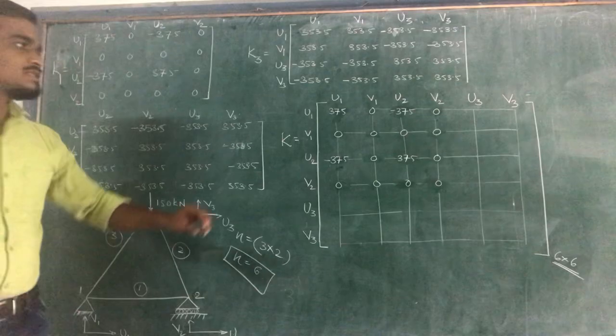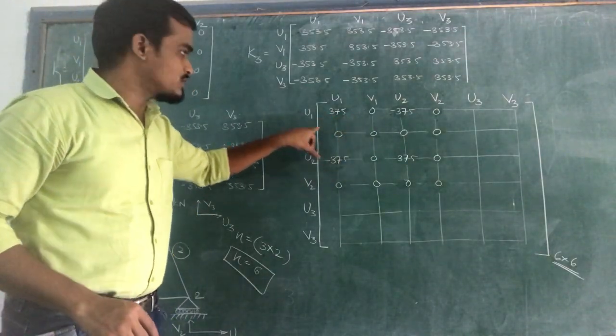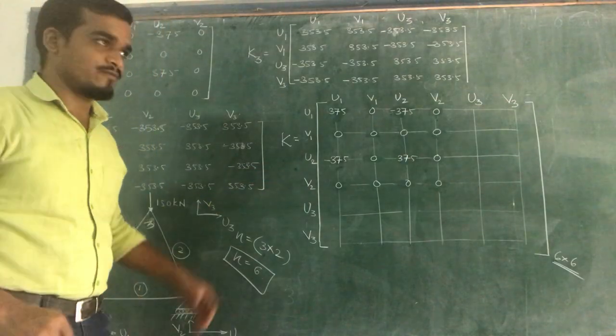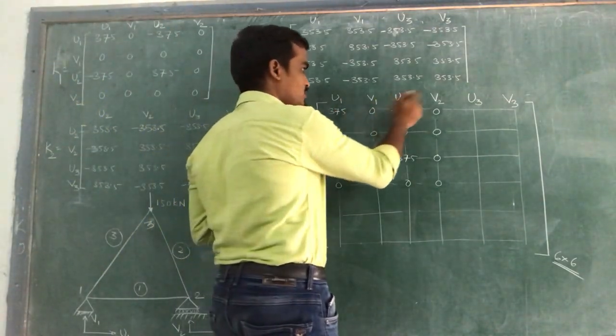In this way we have written our first elemental stiffness matrix over the global stiffness matrix, between the connectivity u1 v1 u2 v2 rows and u1 v1 u2 v2 columns.